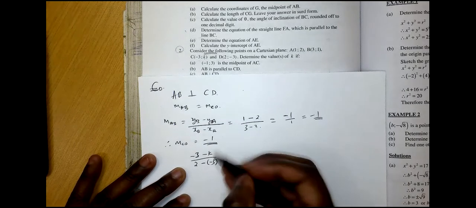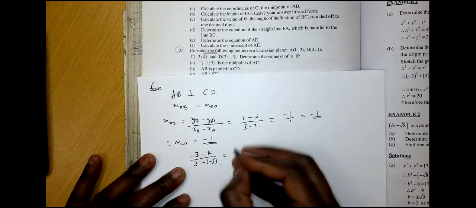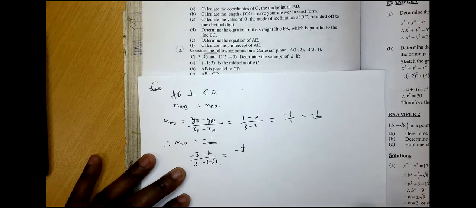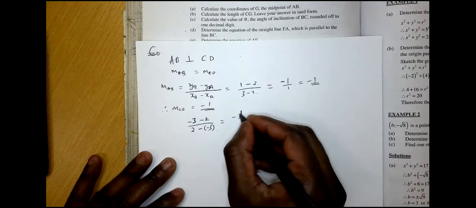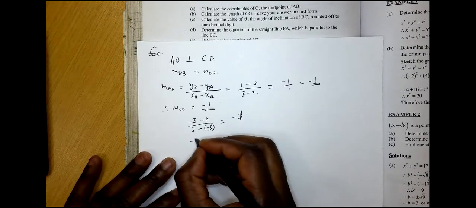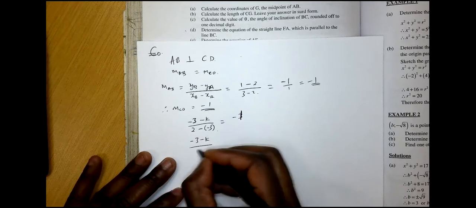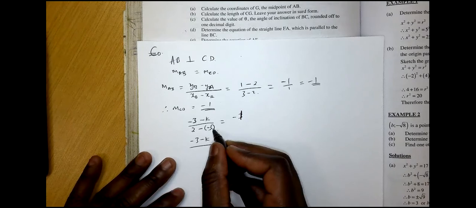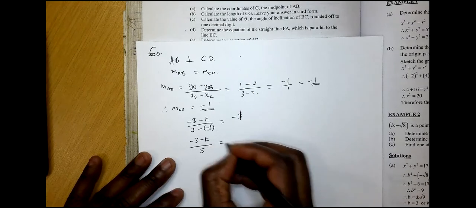So this is equal to negative 1. We are forming an equation now. We need to find K. So negative 3 minus K over 2 plus 3, which gives us 5, equals negative 1.